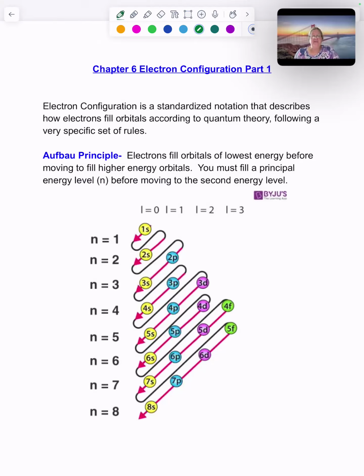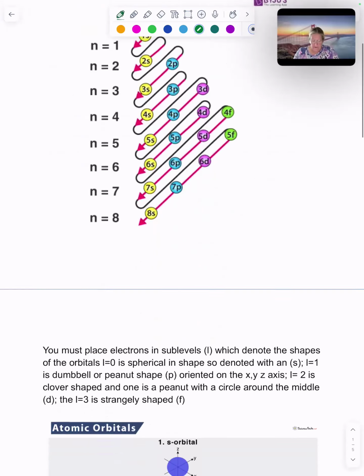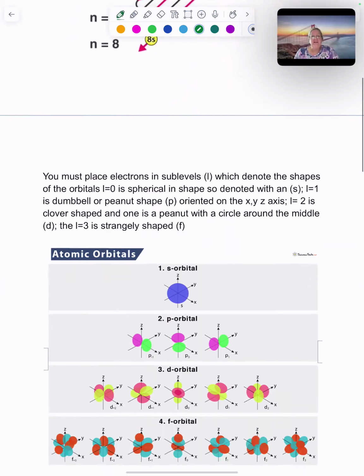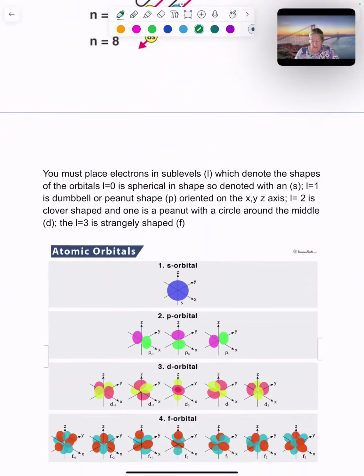Now, these sublevels, s, p, d, all follow some mathematical prescribed shapes. So l being 0 is a spherical shape. Remember, 2 electrons fill an orbital. So in the s sublevel, there's only 2 electrons per orbital.